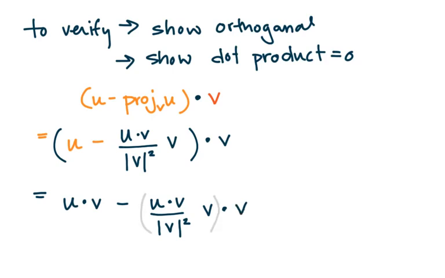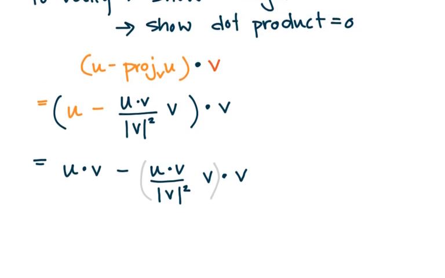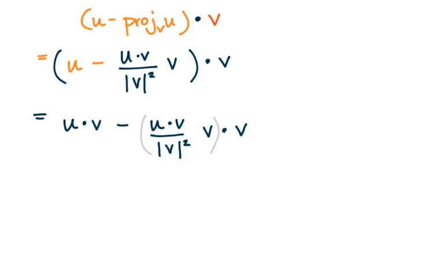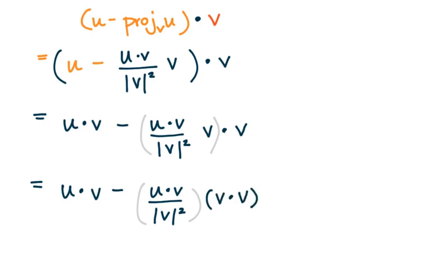So technically we have this dotted with v, but by property 2 of our dot product properties, I can say u dot v minus, I'm going to rewrite this, u dot v over the magnitude of v squared, and that would be times v dot v. Now, one thing we also know by property 4 is that v dot v is equal to the magnitude of v squared.